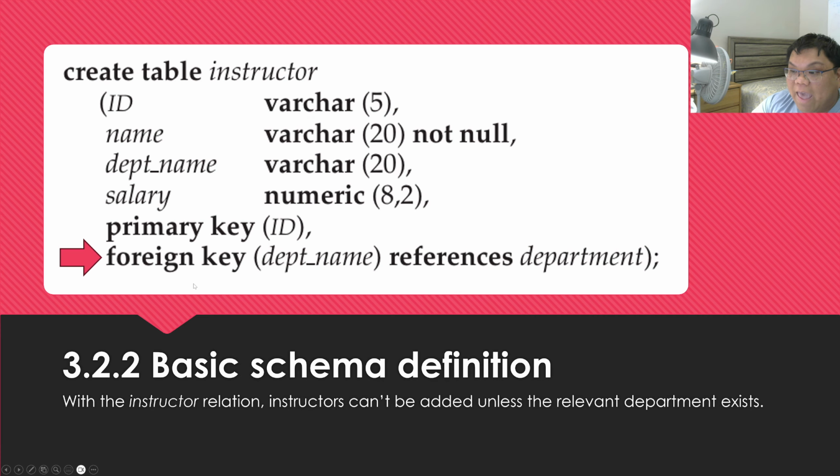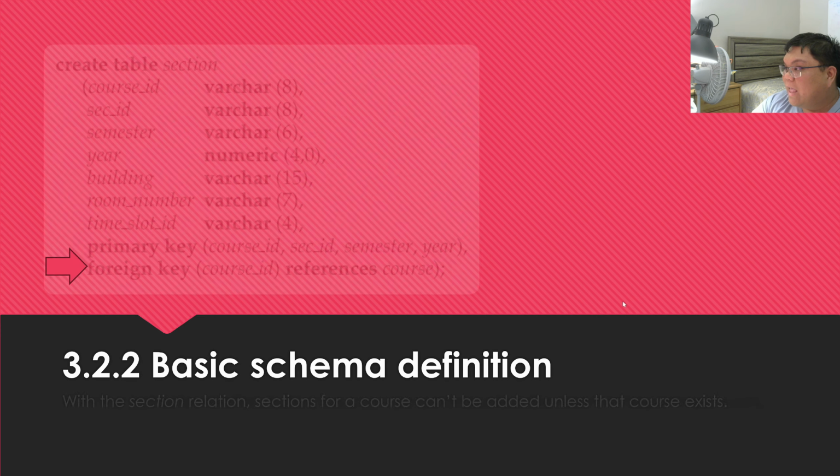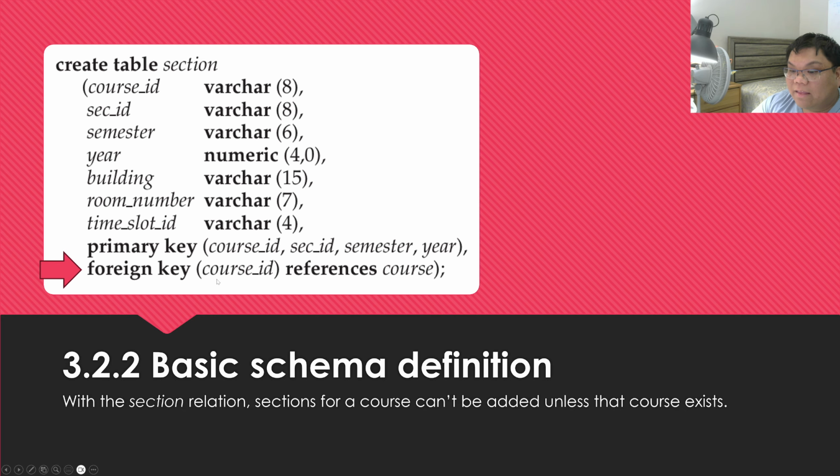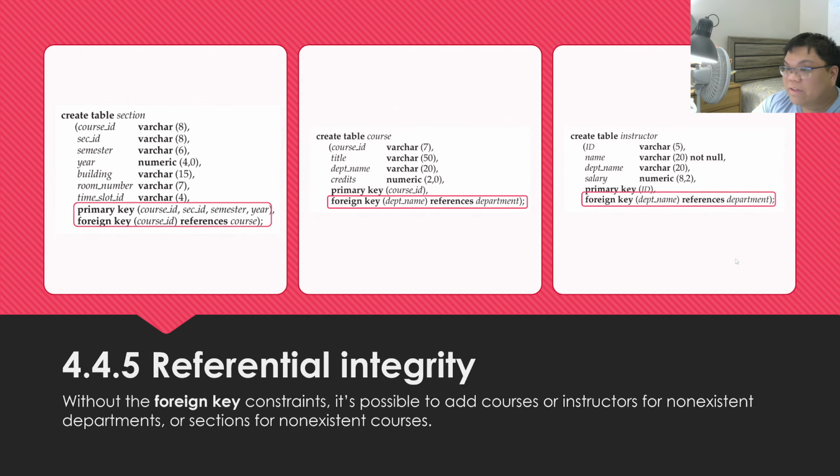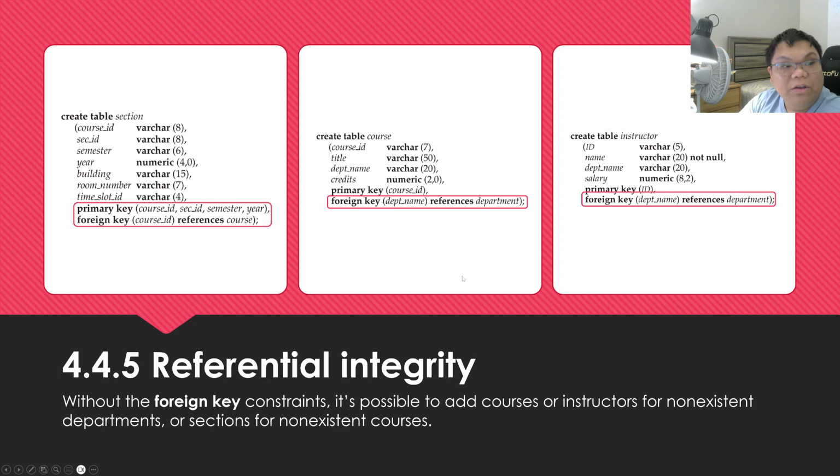We can't add instructors unless that relevant department exists. And we can't add sections for a course unless that relevant course exists. Without those constraints, we can add courses for non-existent departments, or instructors for non-existent departments, or sections for non-existent courses. That's something we want to prevent. Therefore, primary and foreign key constraints.